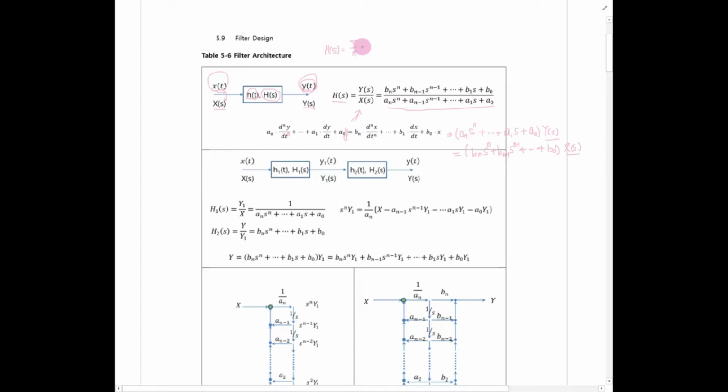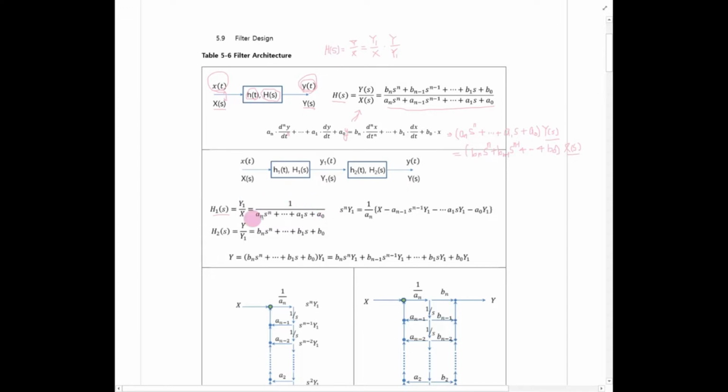Okay, and this can be modified in this way: y1 over x times y over y1. I would like to modify this one in such a way that y1 will cancel out, then it will give the same result. That is defined over here. y1 over x is defined in these equations.